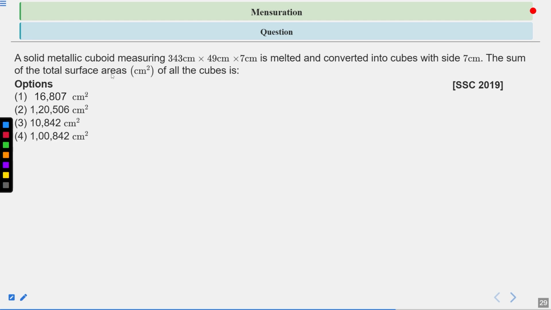So there are four options of this question. First one is 16,807 centimeter. Second is 1,20,506 square centimeter. Third one is 10,842 square centimeter, and fourth one is 1,0842 square centimeter.